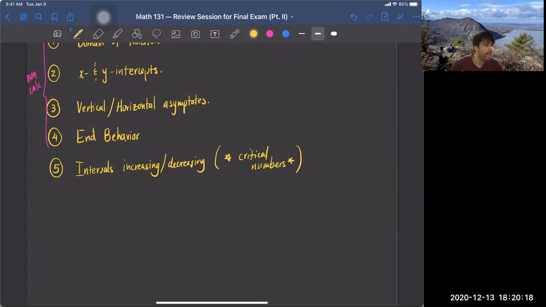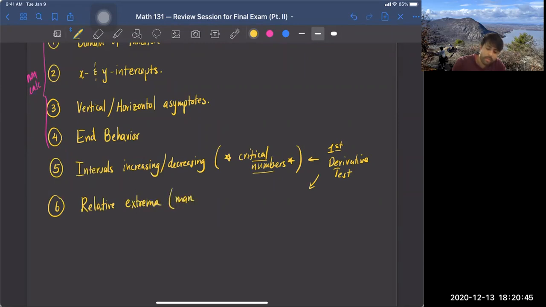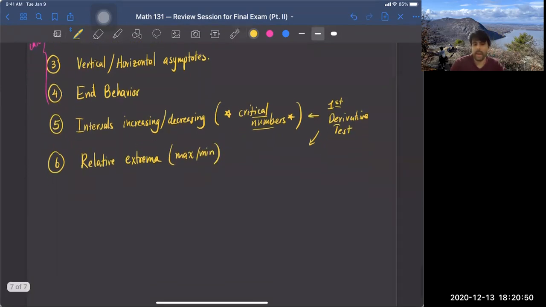The intervals of increasing and decreasing are given by the critical numbers, and we do the test points. This is the first derivative test, and it also gives us the relative extrema, the points that are a max or min.